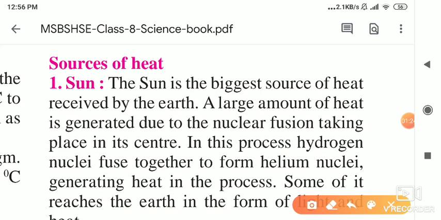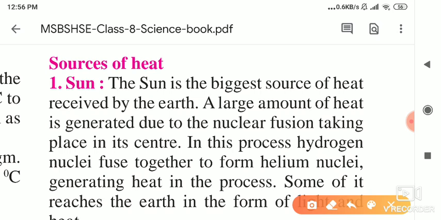Because of that explosion, heat and light energy is produced inside the sun, and we get that heat and light from thousands of kilometers away on the earth.